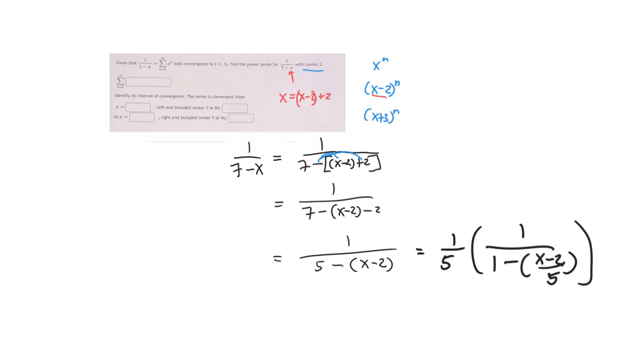Okay. So now we're ready to compare to this. So it's the case that 1/7 minus x is going to be equal to the following structure.